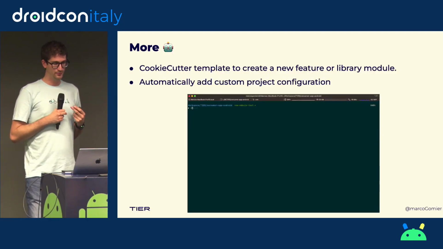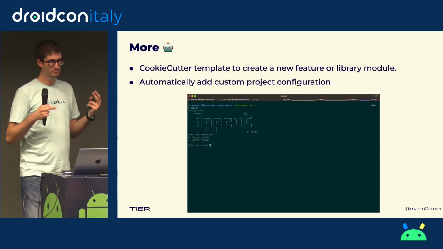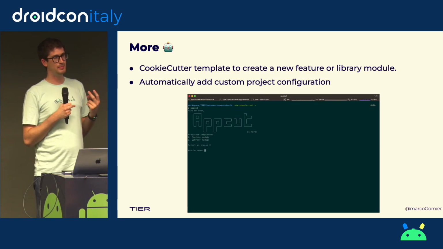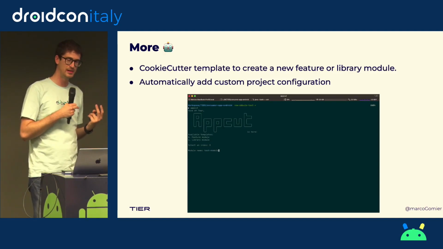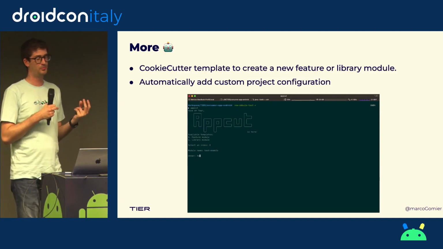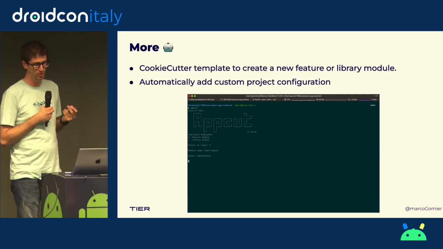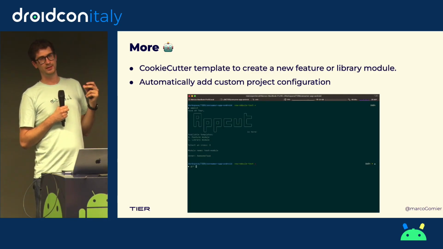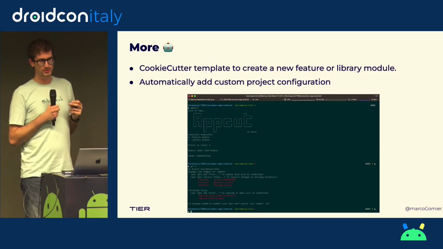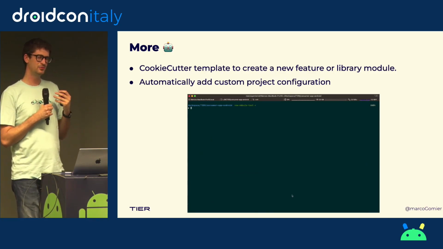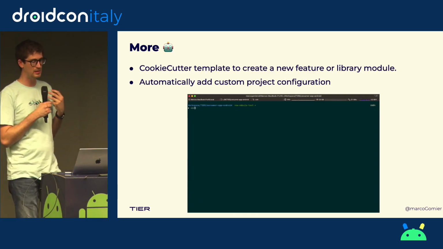All right. Of course, since I'm always lazy, I don't want to manually create a contract and an implementation every time, or copy and paste the Gradle dependencies, stuff like that, because it's boring work. So we use Cookiecutter, a template library, a Python one if I remember correctly, to automate stuff.